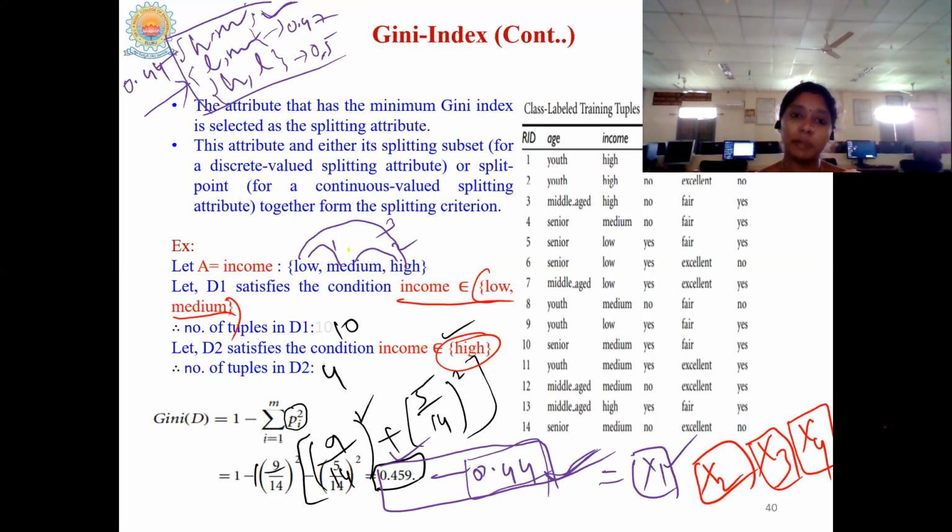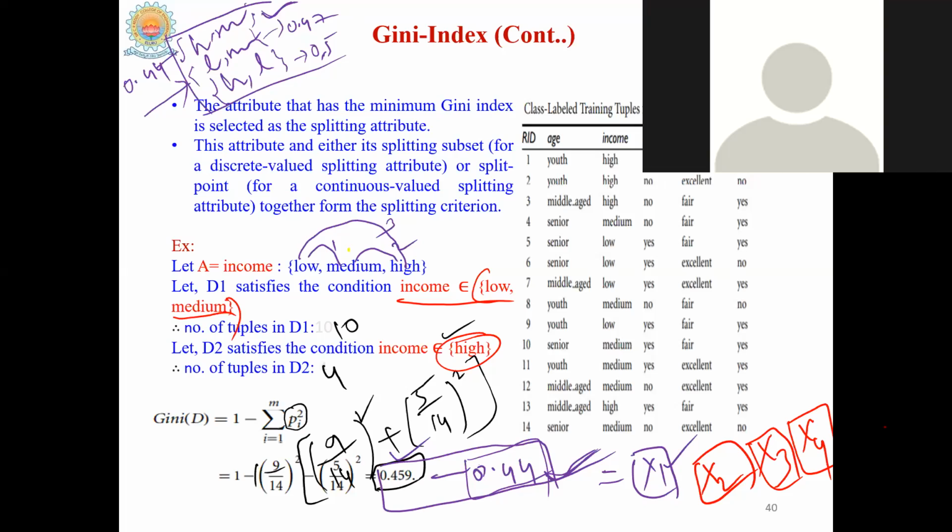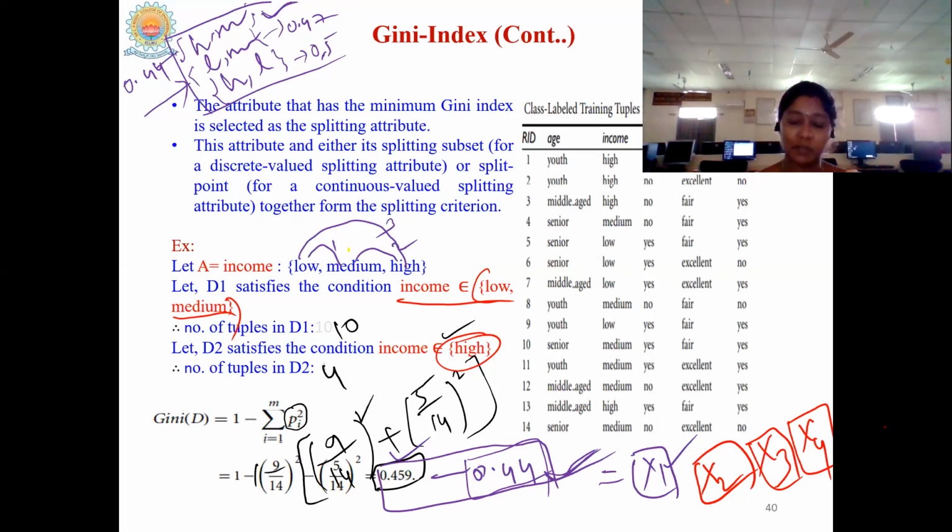What may be the ultimate root attribute out of these 4? Attribute having high GINI index. So out of x1, x2, x3, x4, the attribute with the highest value for the GINI index is selected as the root attribute.